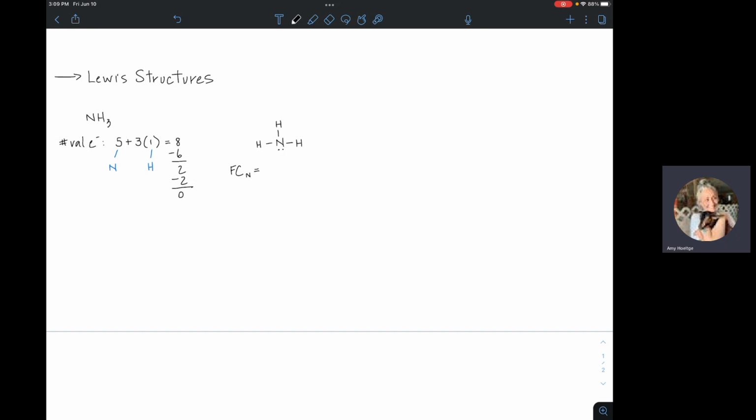And as a reminder, I guess up here I can just write what that is. So the formal charge calculation, and probably in your textbook would be something like the number of valence electrons, and this is going to be for each of the atoms, minus half the number of bonded electrons, minus the number of non-bonded electrons.